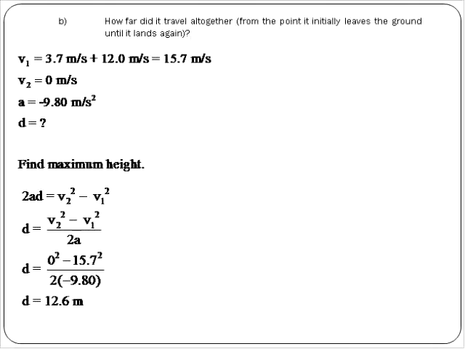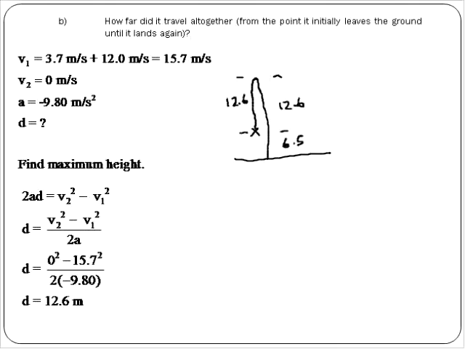So remember now, the situation was, here's the ground, it started here, it went up, up, up, up, up, and then down, down, down, down, down. So from here to here was 12.6. That means from here back down to here was also 12.6. And at the instant it was thrown, the balloon was already 6.5 meters above the ground.